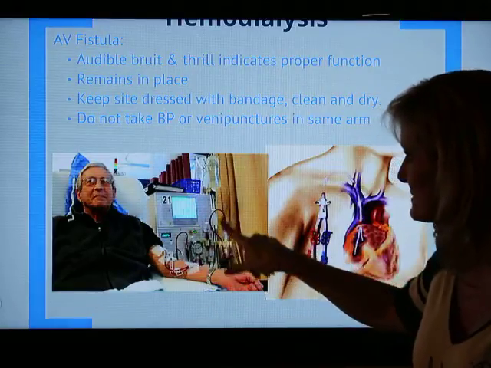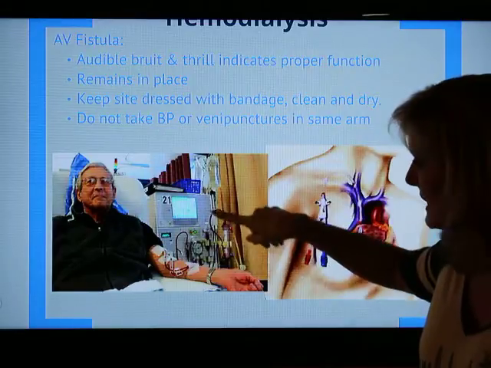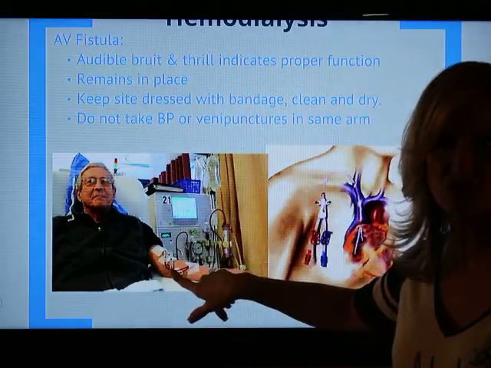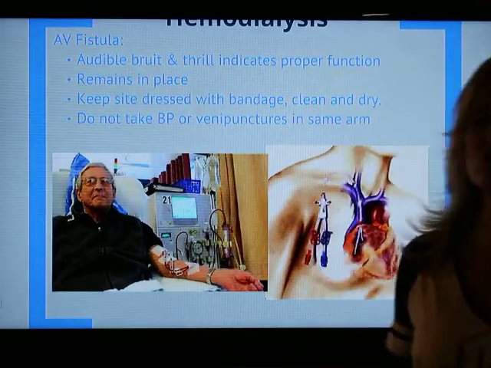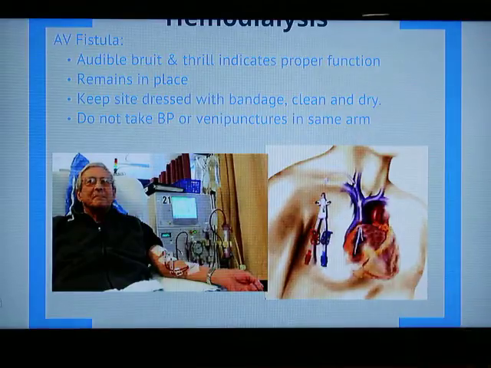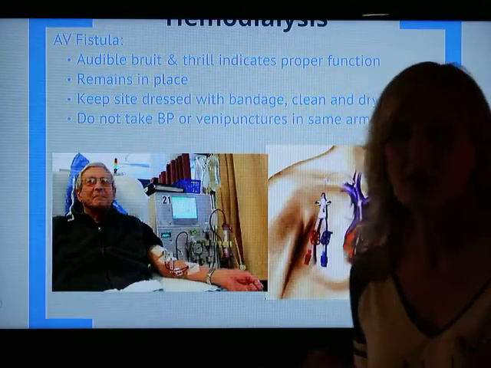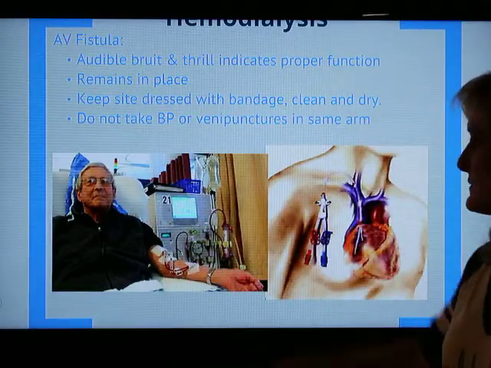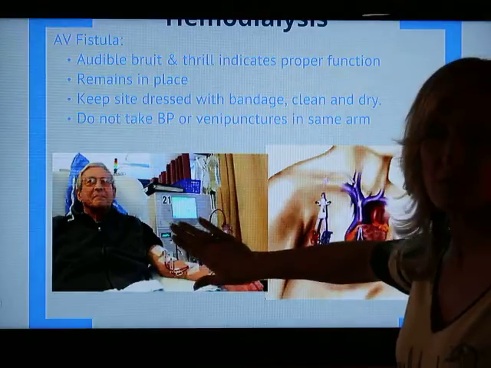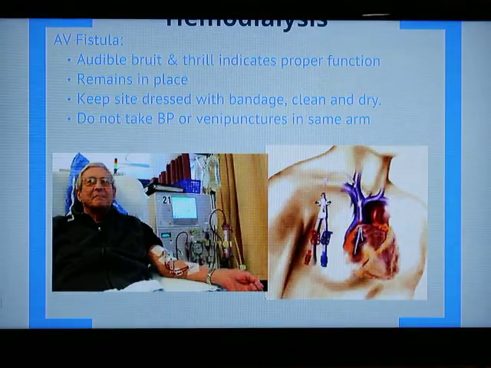It goes through these filters, and then all the waste gets filtered out, and it comes back into the patient clean. So it's the patient's own blood. This is acting as the patient's kidney, so it's just removing all that stuff. So patients who are on hemodialysis are not peeing. They don't have a urine output. So you just monitor output in their hemodialysis unit.